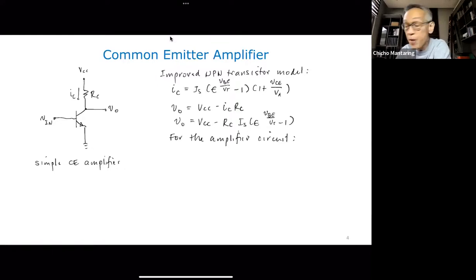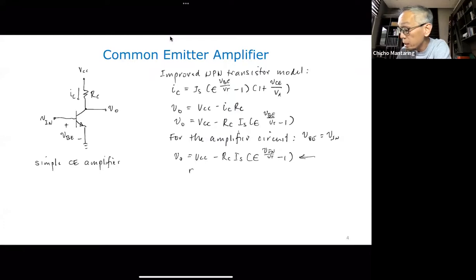For the amplifier circuit that I showed, VBE is equal to Vin. Kasi ito yung VBE. So yung VBE equal lang sa Vin. So V sub O is equal to VCC minus R sub C I sub S e to the Vin over V sub T minus 1.